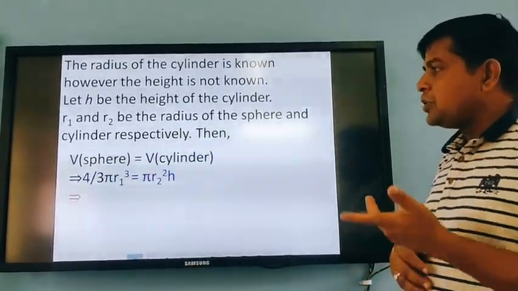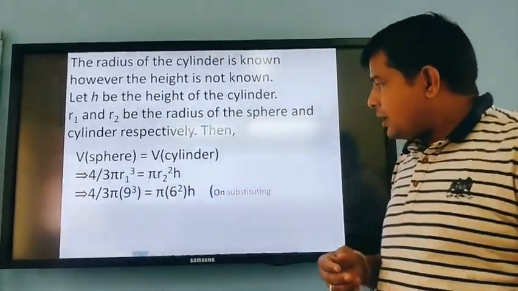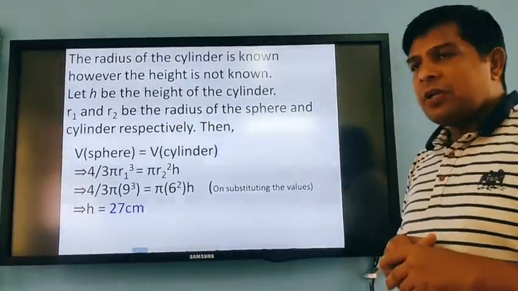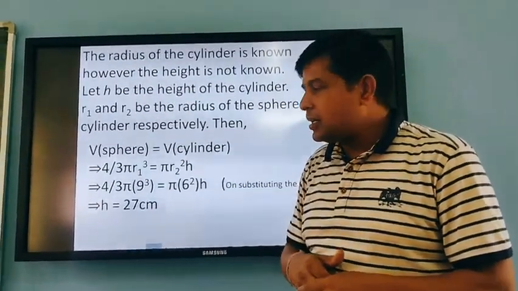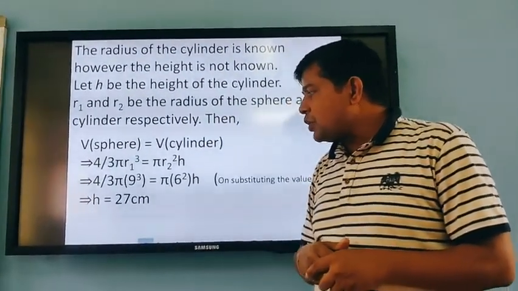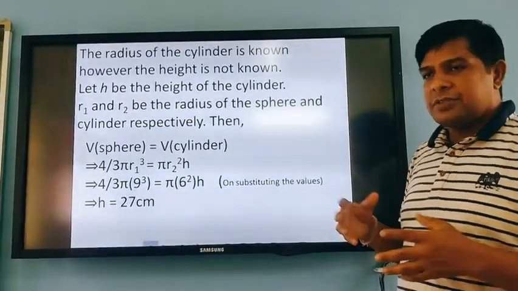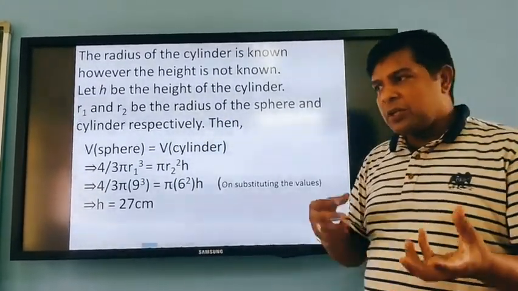Volume of sphere is 4 by 3 pi r cube, and volume of cylinder is pi r2 square h. Putting all the given values, we find the height of the cylinder, h equal to 27 centimeter. So this is the third part of this chapter, where we convert one solid shape into another solid shape.